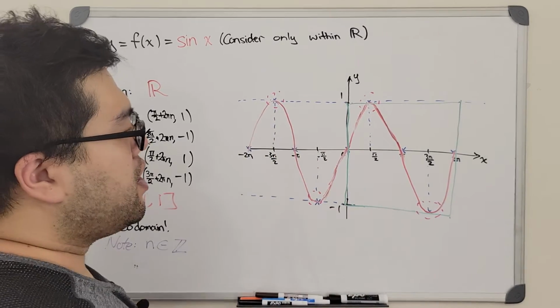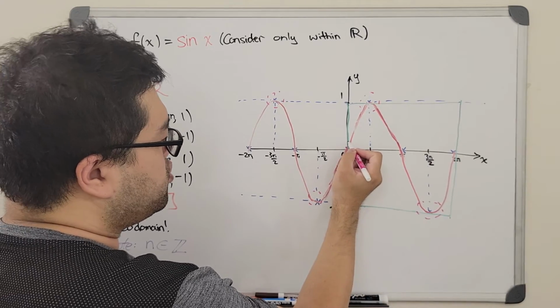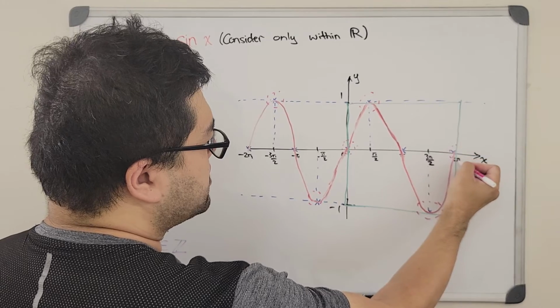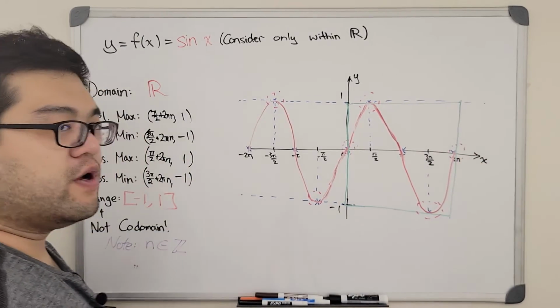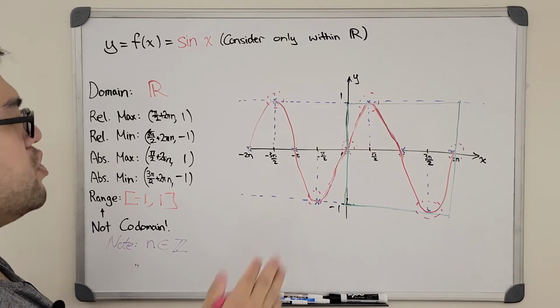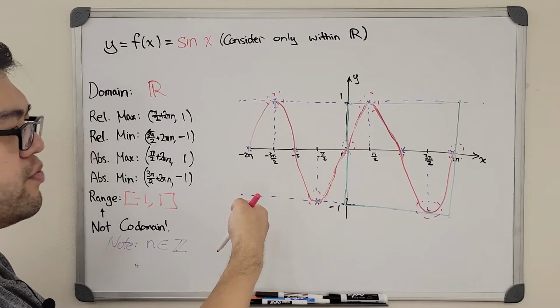And you might ask, how about the endpoints inside of the box? Well, usually we need to consider those points too, but don't forget, just because we're looking inside of the box doesn't mean the domain is just inside of the box. We need to look at the whole domain.